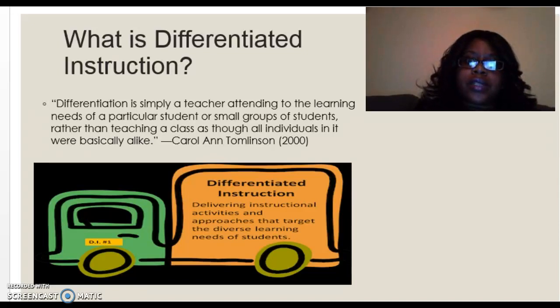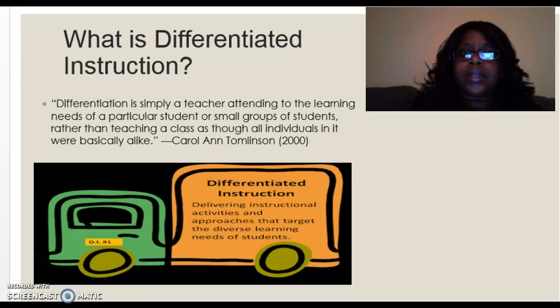What is differentiated instruction? One definition is: differentiation is simply a teacher attending to the learning needs of a particular student or group of students, rather than teaching a class as though all individuals in it were basically alike. That quote is by Carol Ann Tomlinson.